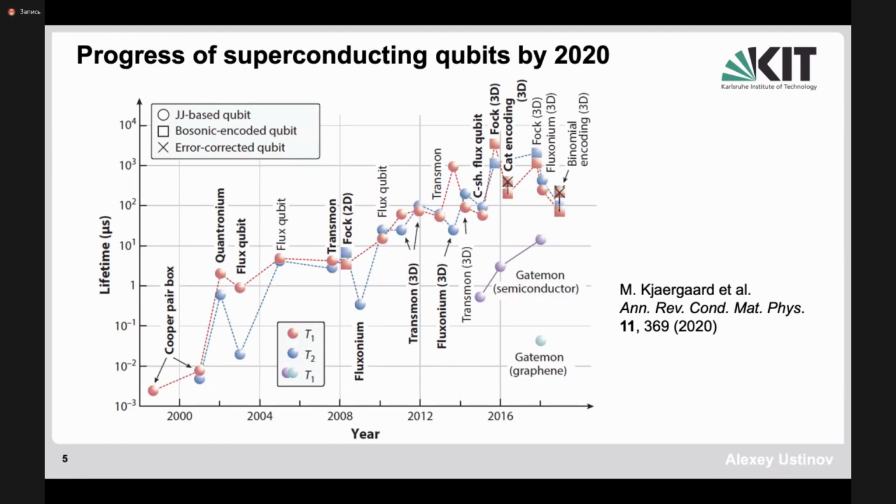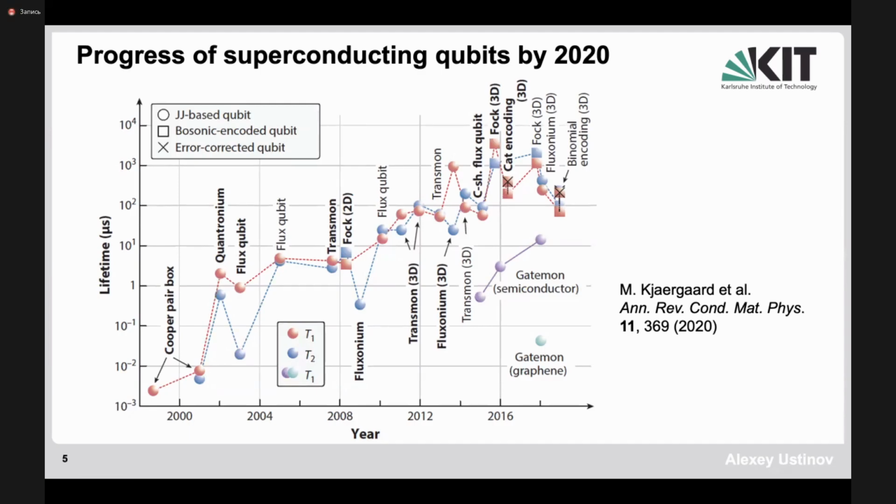Moreover, if you try to include additional functionalities in superconducting devices, in quantum circuits, then you have to compromise. And very often this compromise comes at the cost of coherence. For example, if you want to have more control or better control of the qubit, you need to have a clearer readout.